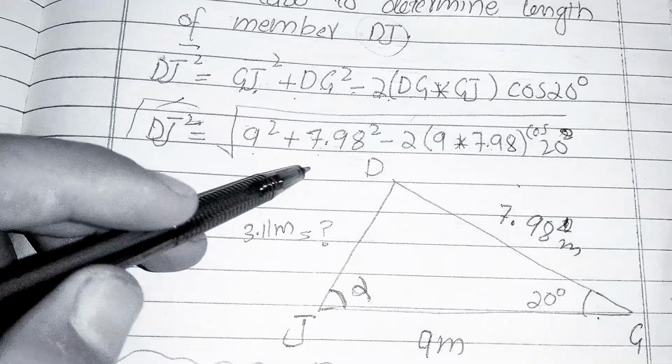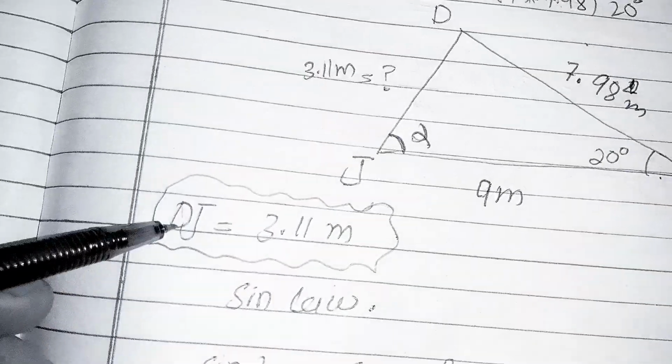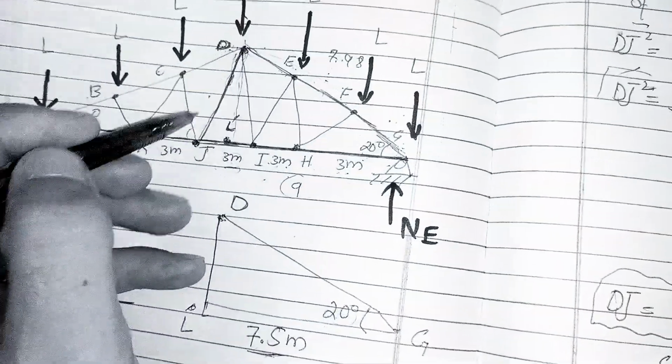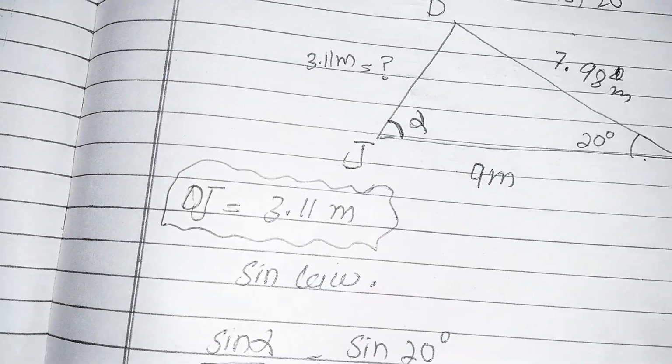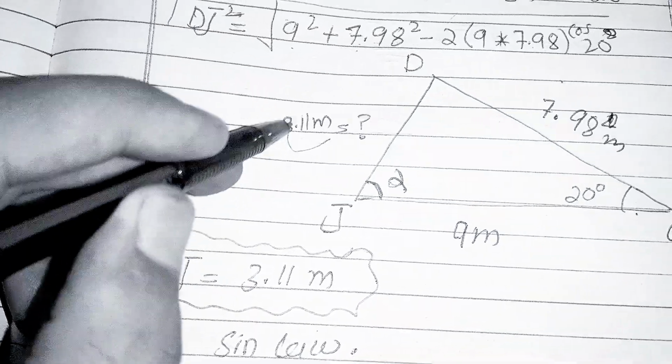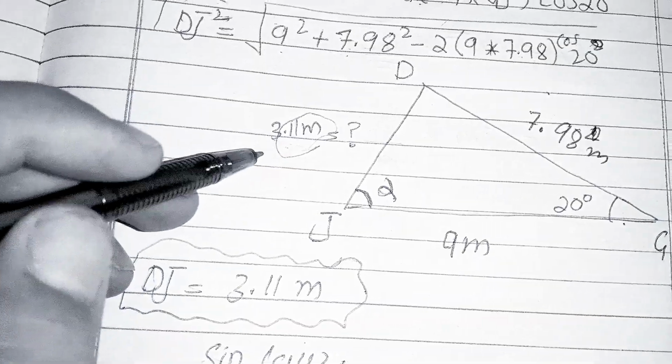If you calculate this on your calculator, DJ, this length, will be equal to 3.11 meters.